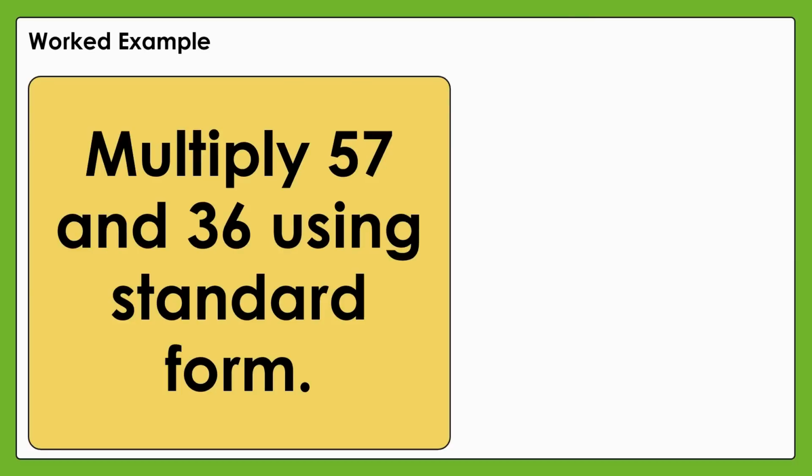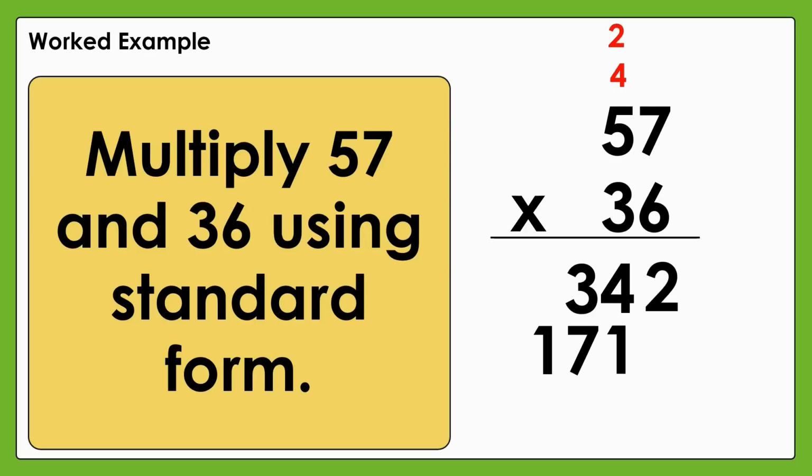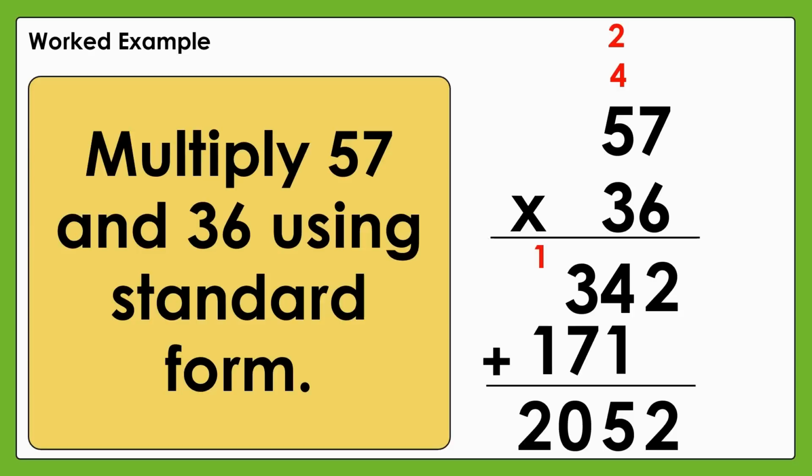Worked example, multiply 57 and 36 using standard form. The answer is 2,052.